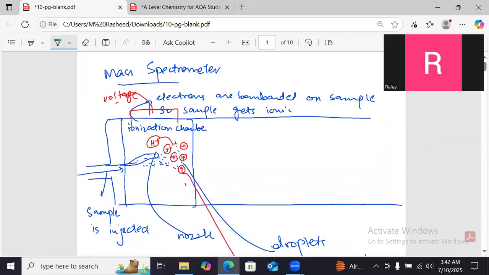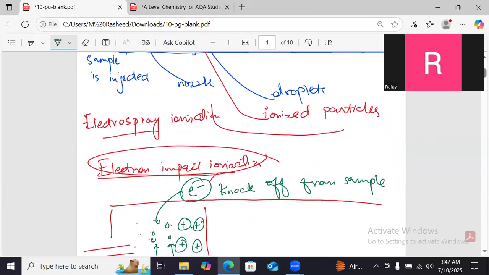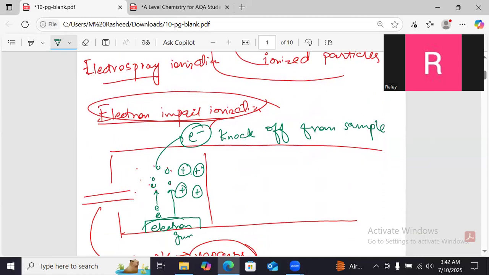When the sample is injected through nozzle, then it comes in the ionization chamber, and that's where the electrons are bombarded, so the sample gets ionized. Very good. And this is electron impact ionization. When electrons are bombarded on it, that's electron impact.